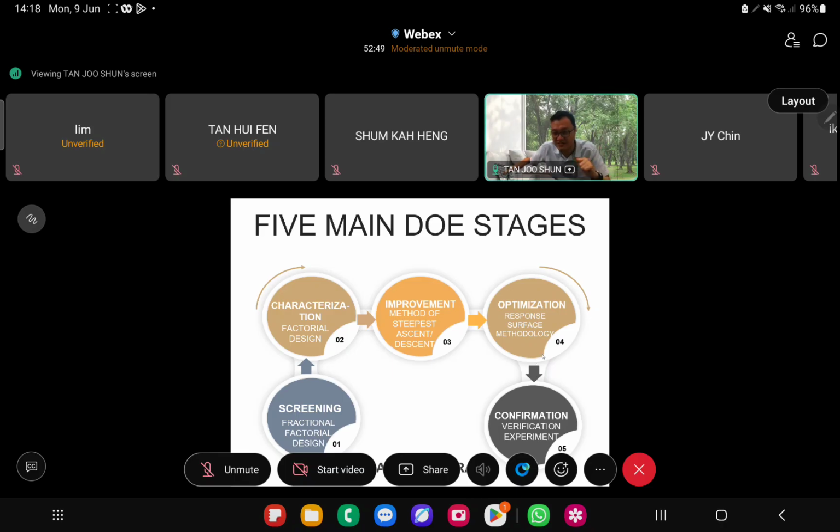Once you confirm it is about the same, for example within 10% or 20% difference, then it is good enough to show that your optimization is successful.